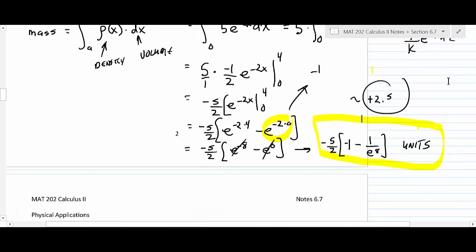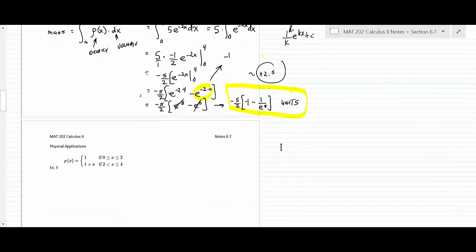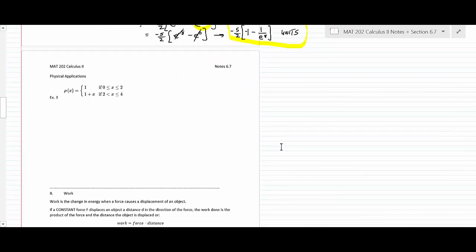Okay, so that shouldn't be too bad. The integrals aren't too bad on that. That's kind of the basic idea. Now, another thing that you get into quite a bit is piecewise functions. This is very common in physics.